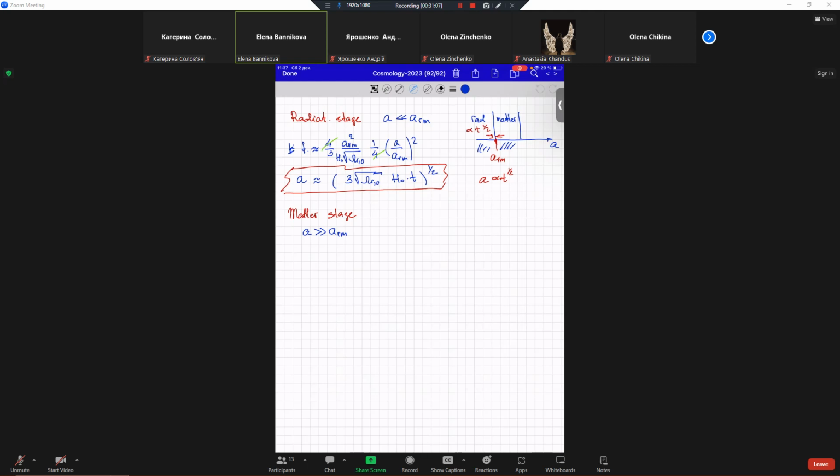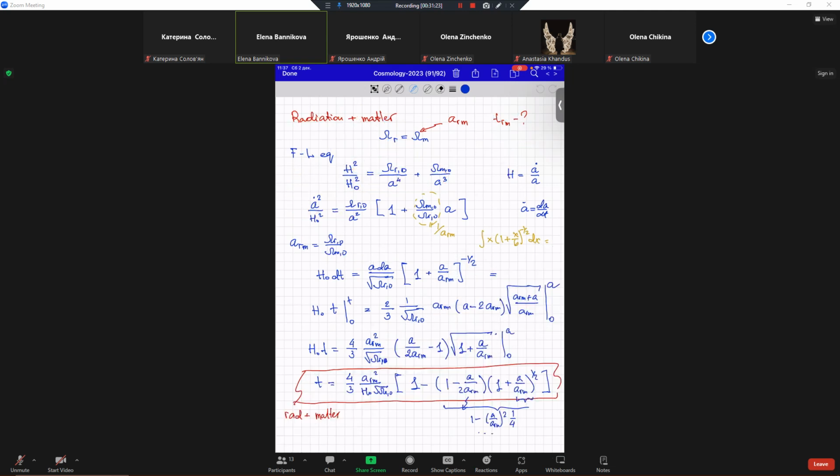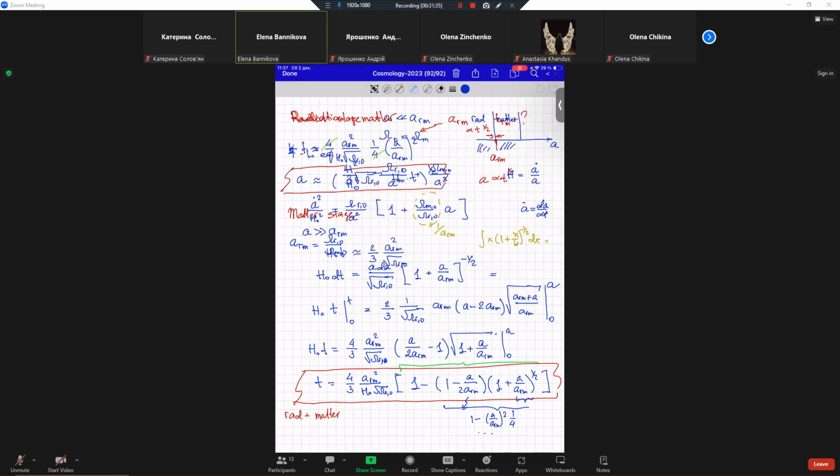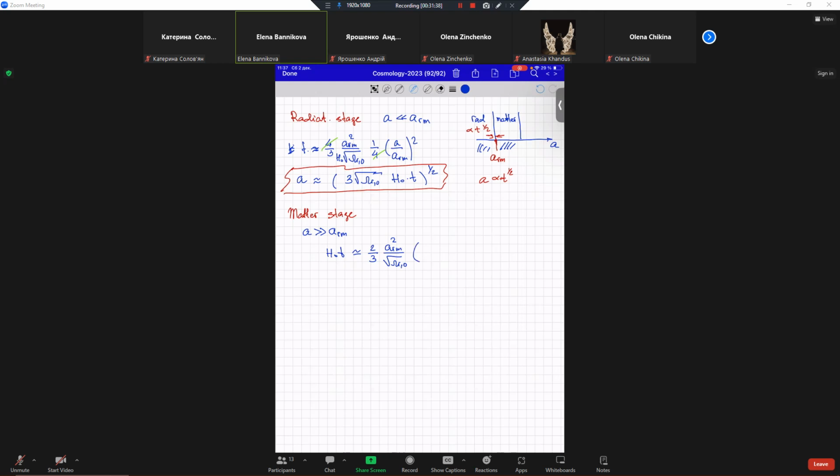You will have finally that H0 T approximately we can consider as 2 divided by 3 a_eq squared omega R0, and from all this we will have only a divided by a_eq like this.